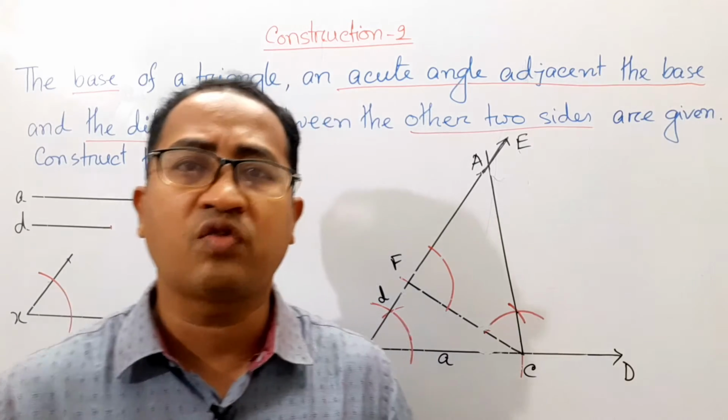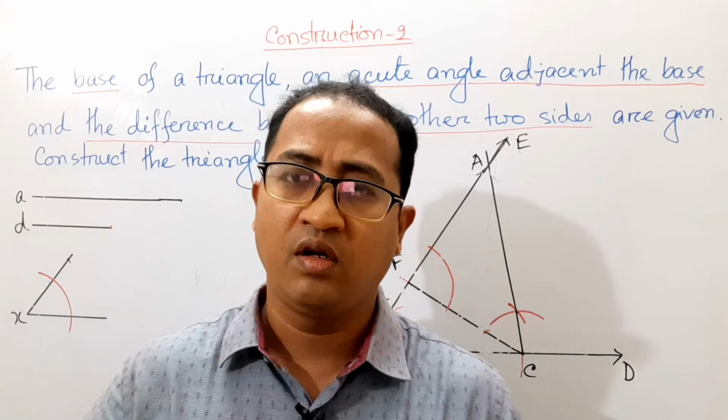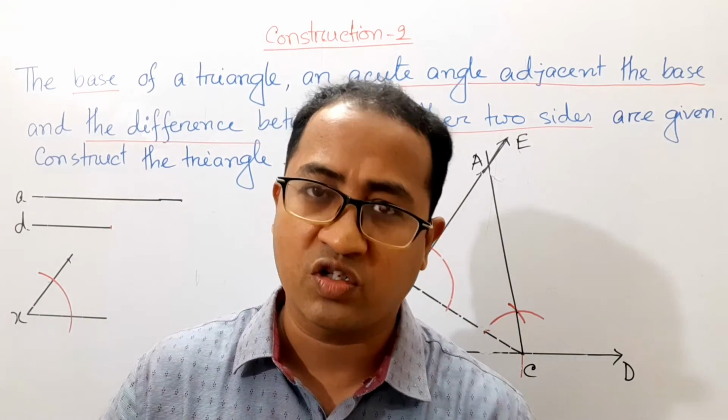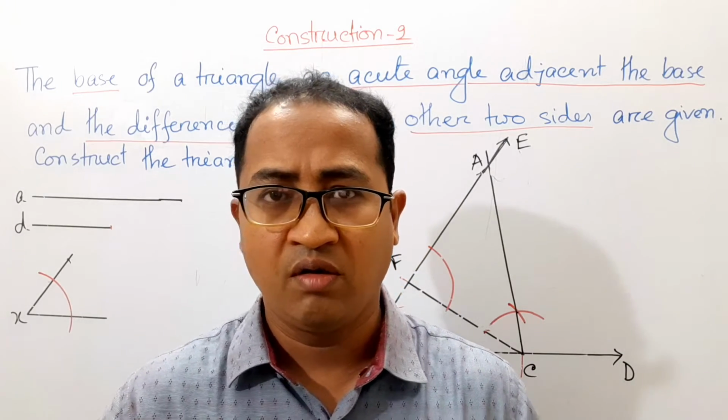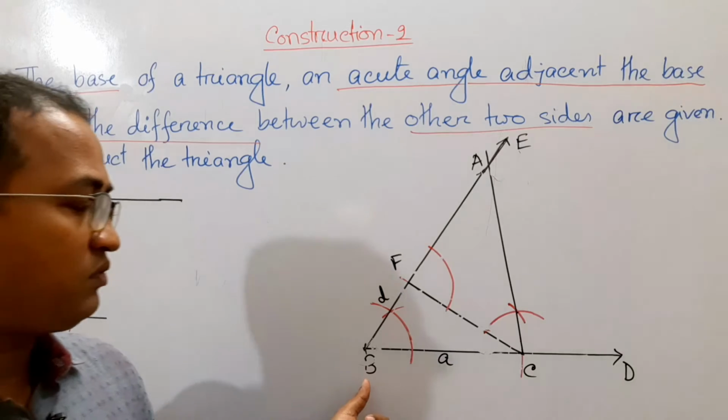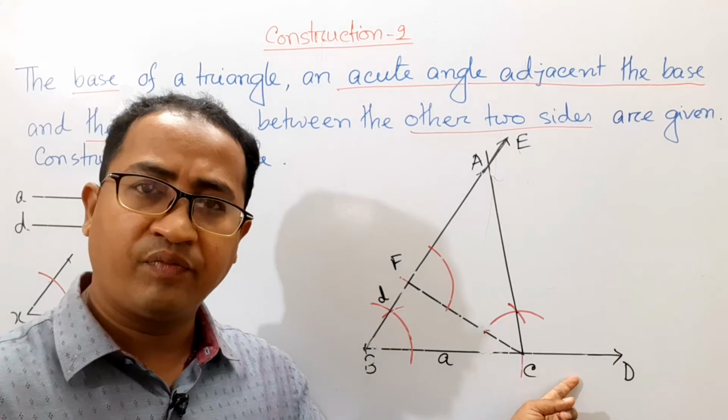Now how can you write the steps of this construction? You should write the steps like this. Step number 1, take any ray BD.